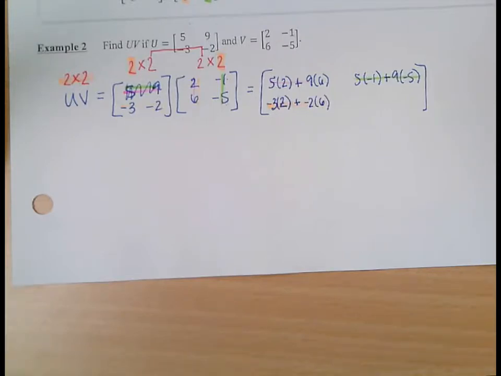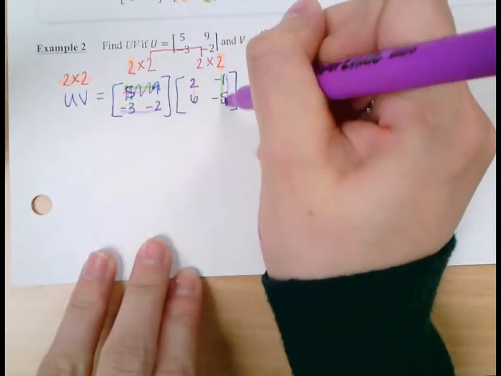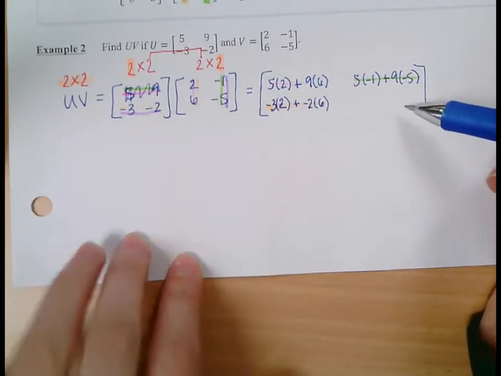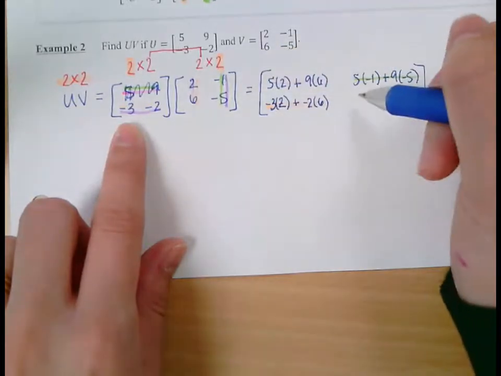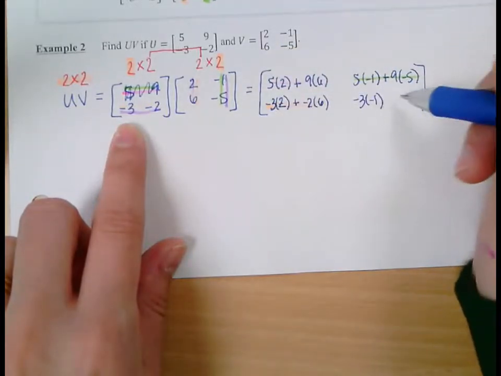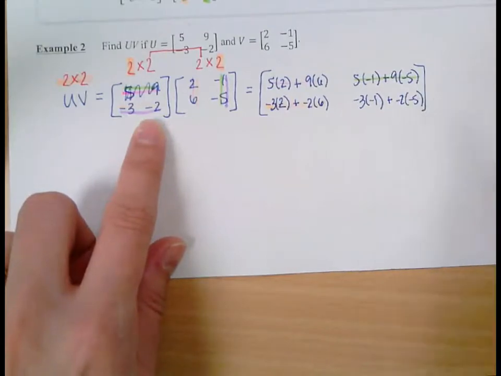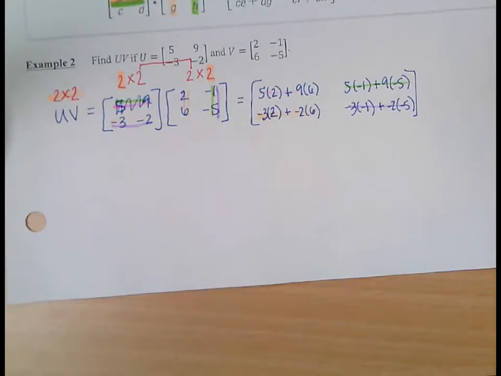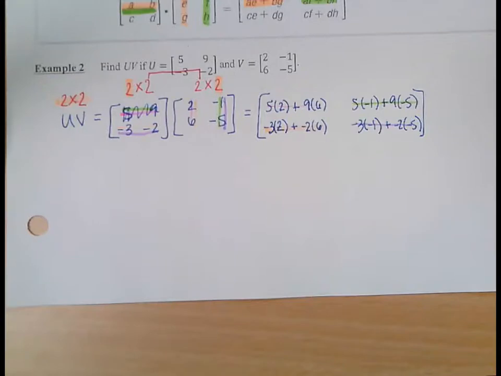And then I have row 2 by column 2, last one, and that's going to go in row 2, column 2 of my answer. Multiply the first elements, negative 3 times negative 1, plus negative 2 times negative 5.